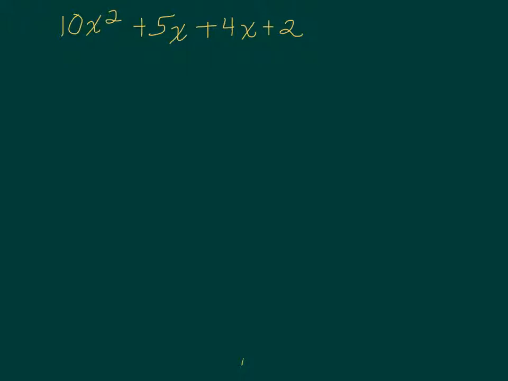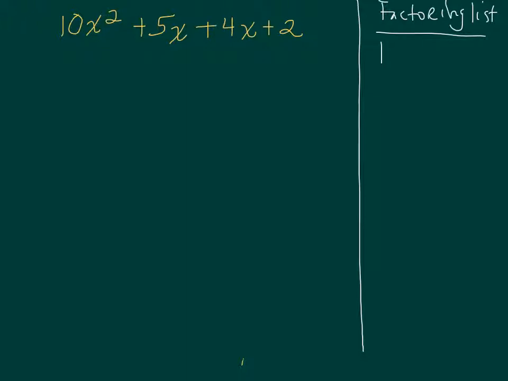Now, if I look at the factoring list, the first step says to factor out the GCF. So let's see what these things have in common. 10x squared plus 5x plus 4x plus 2.